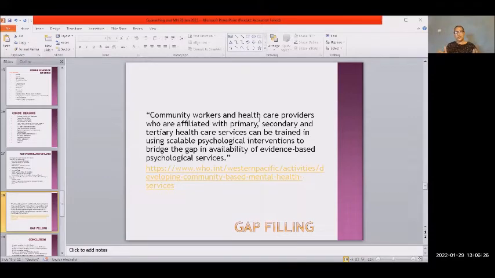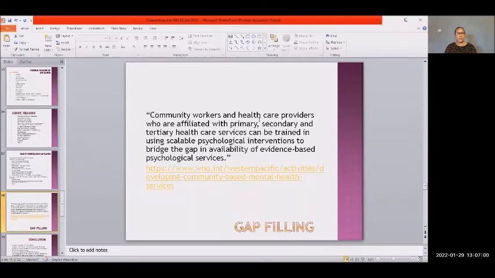If they are well trained, they will help fill the gap between non-evidence-based and evidence-based care. Because if they are trained, they bring evidence-based practice. They produce evidence when they work with the client, and this evidence will be very helpful for higher levels of treatment as well. So I feel it is very useful, as presented by WHO. That's why I put it in this slide.